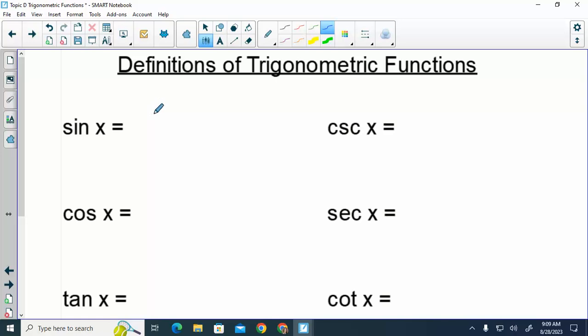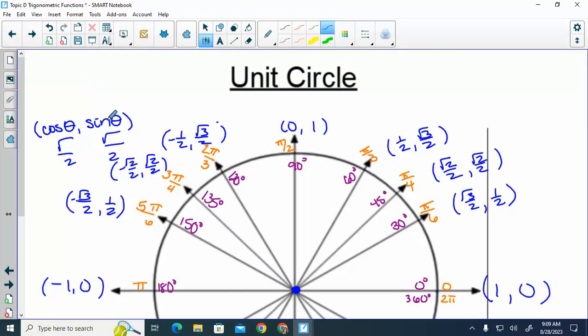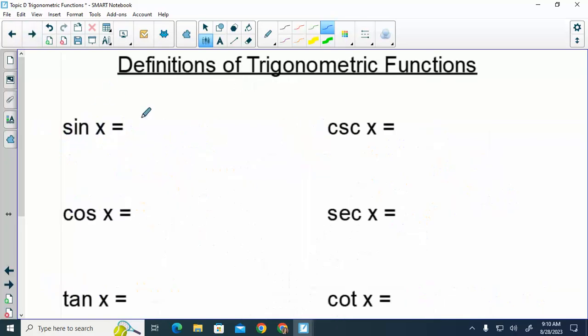Do you guys remember the definition of sine? Think back to this. Sine was the y value, right? And this circle had a radius of 1. So y over r is our sine. Cosecant is the reciprocal of sine, so it would be r over y.